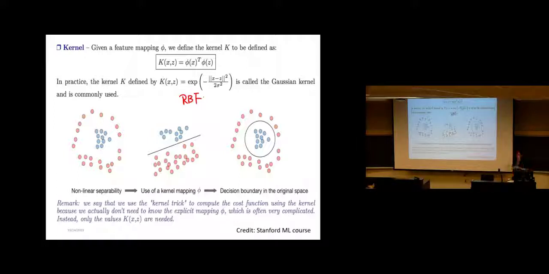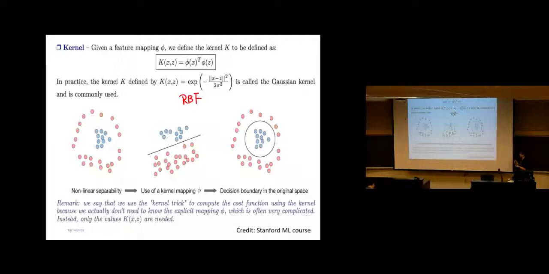And this handles the type of data where the middle is dense and the other class is almost surrounding it. So the whole idea is that I'm looking for nonlinear separability. I'm using a kernel mapping phi, and in that kernel-mapped space the data is linearly separable.